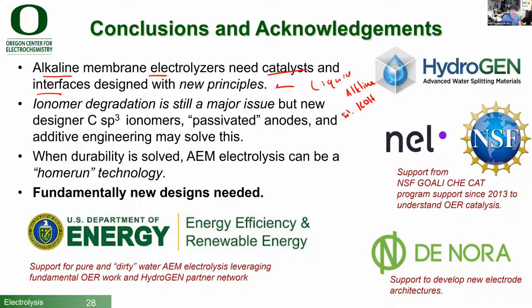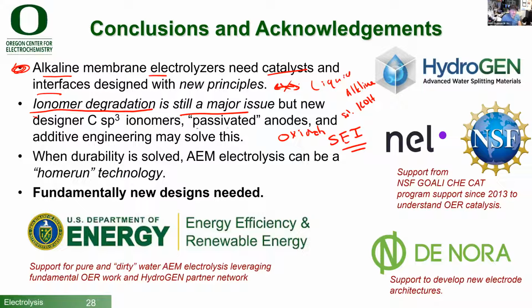It's not the same thing. We need to rethink how we design these systems. Ionomer degradation: despite all the work in this field, and beautiful new ionomers developed that are much more stable than they were 10 years ago, it's still a major issue, particularly this oxidation. And we think SEI layers and engineering interfaces are the key to this.